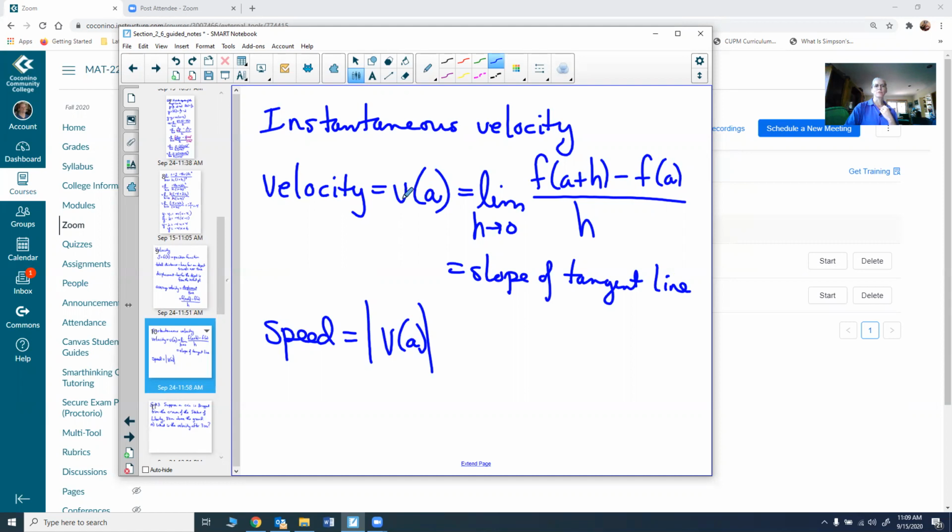That velocity, v of a for velocity at a point, is the limit as h goes to 0 of f of a plus h minus f of a all over h. So your slope of your tangent line and your instantaneous velocity are the same thing if you're talking about a position function. Speed is different than velocity. Velocity has direction and magnitude. Speed is just magnitude, so you just take the magnitude of the velocity.